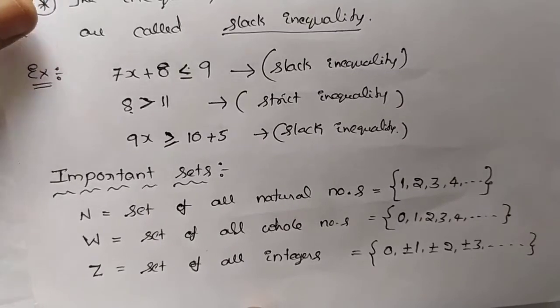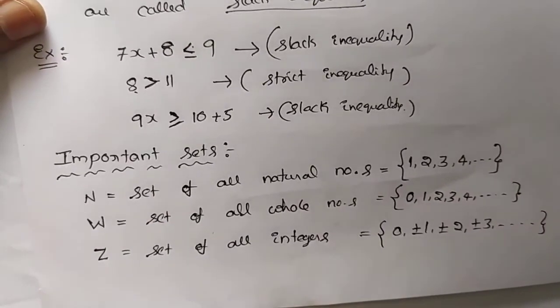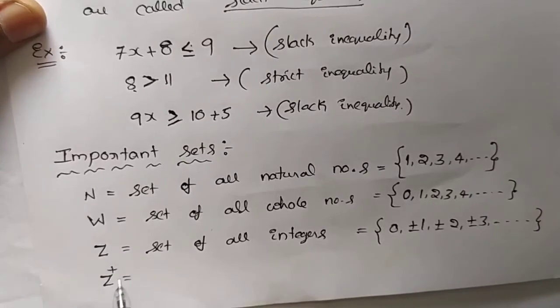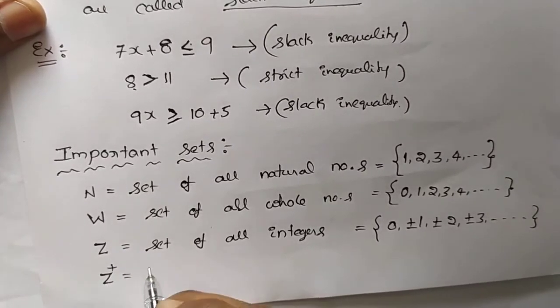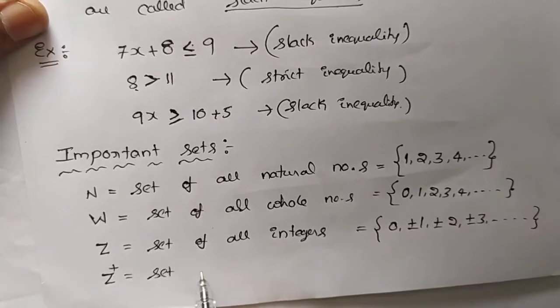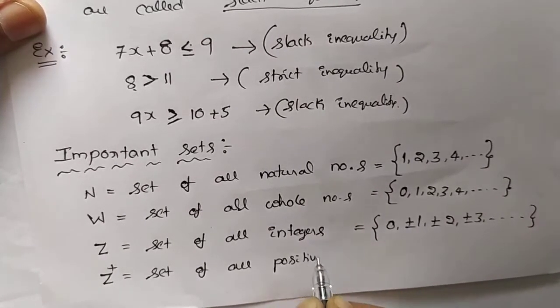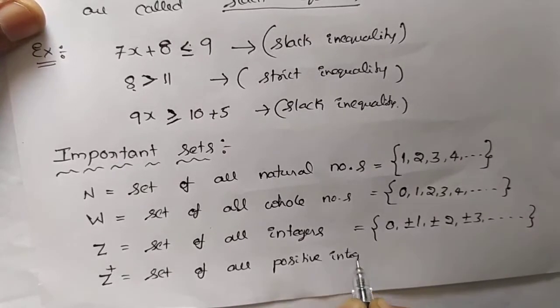What about positive integers and negative integers? Positive integers, Z plus. Z plus is nothing but the set of all positive integers.